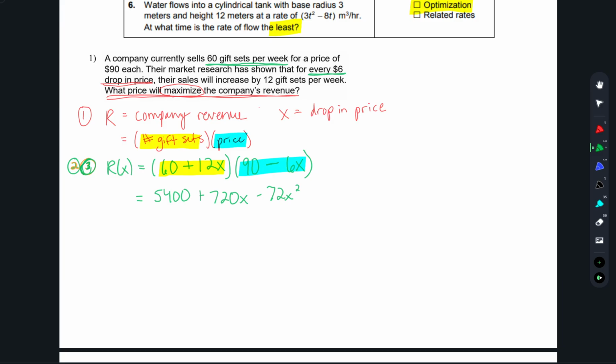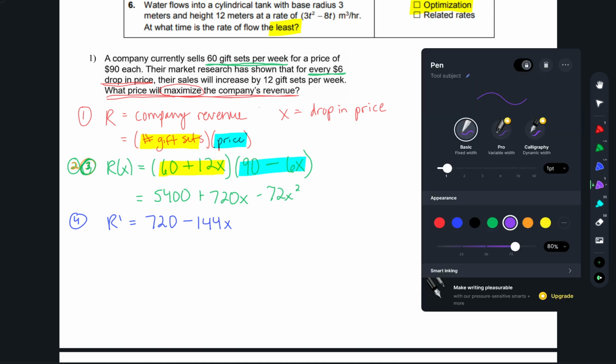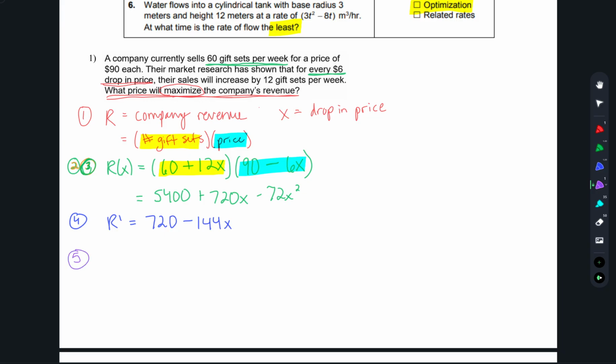Then you take a derivative, just like the usual, and set that equal to 0. And then you get your answer, which was 5.